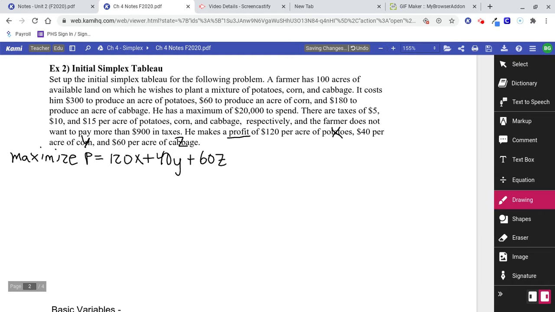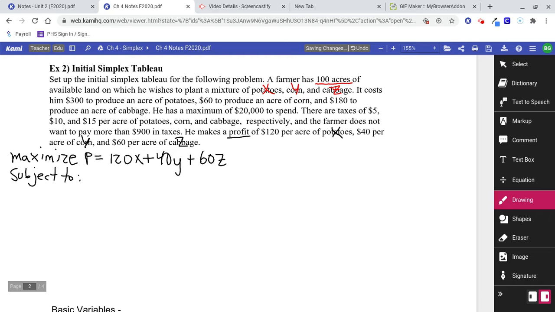Now, let's go back through and try to get the constraints, subject to. This one's tricky because it doesn't just come out and tell you what to do. But when the farmer has 100 acres of available land on which he wishes to plant a mixture of potatoes, corn, and cabbage, that's a very common inequality for a lot of problems.